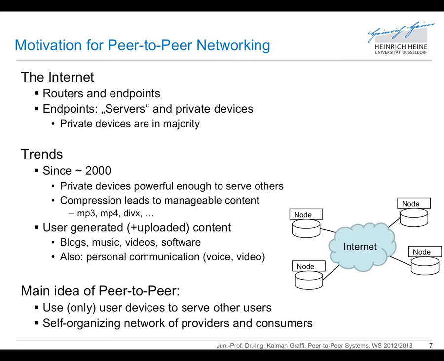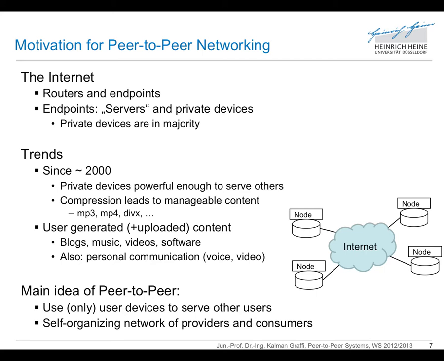And then the question is, why don't we just create some connections from node to node? If anyway they create the content, they consume the content, and they are powerful enough, they have the bandwidth, why don't we just connect them to serve each other and to help each other out, and to create a self-organizing network without any central instance that helps out.